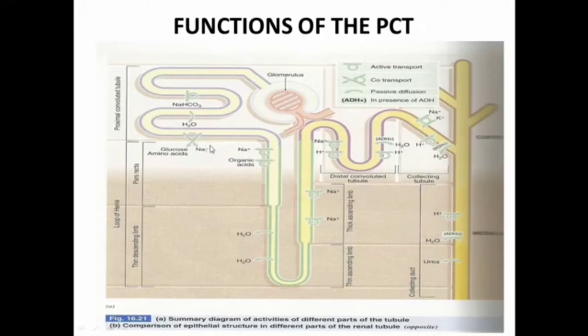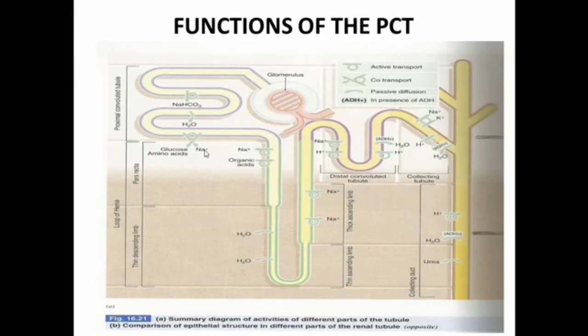But sometimes some macromolecules are present in the glomerular filtrate, and I have already told you that there is a glycocalyx layer over the microvilli. This glycocalyx layer contains proteases, so it breaks down these macromolecules, and the liberated amino acids can then be reabsorbed.